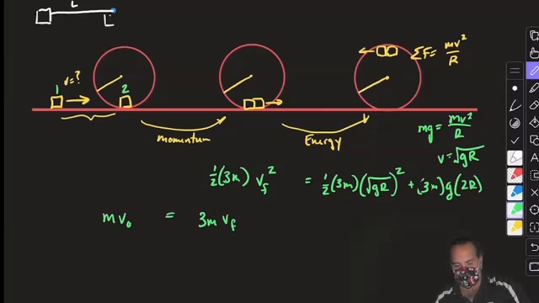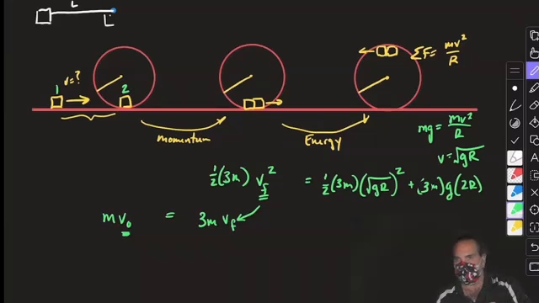So it seems to me we want this. And it has to be in terms of all of that other stuff. So I need to find VF here, substitute it in here, and then solve for V naught. Looking across this problem, M will not be in my answer. G probably will be.